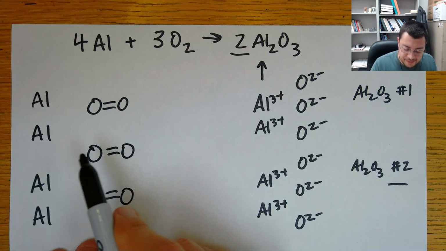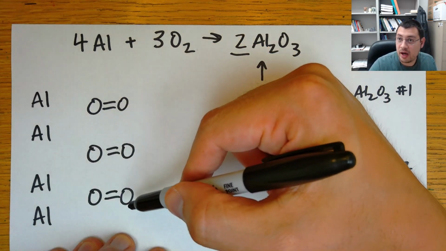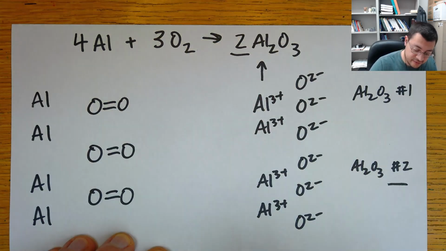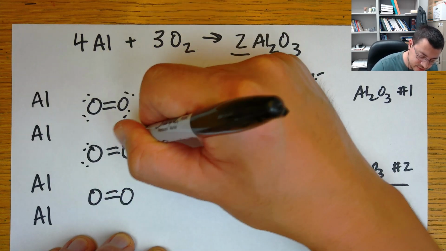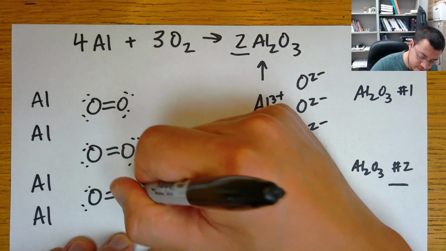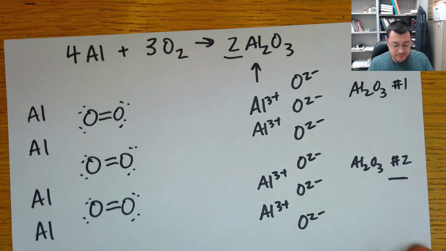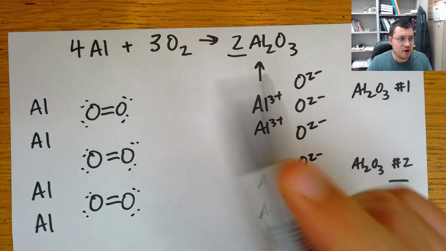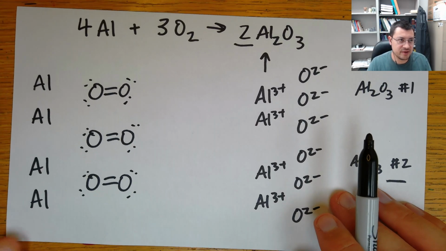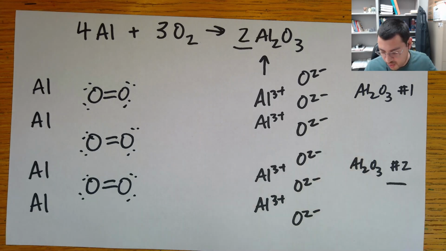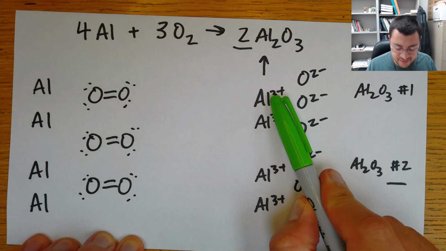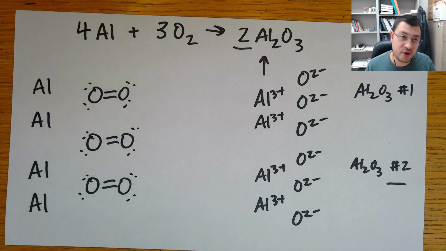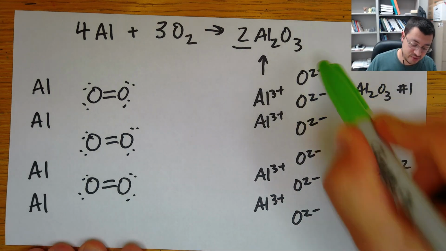Now, if you've studied Lewis structures so far, I know my students have, we would know that oxygen makes these diatomic molecules and that they have double bonds. But the double bonds, these lone pairs, they're not overly important for what we're trying to demonstrate today. All right, what I want us to do is track the flow of electrons. The only way aluminum will become a 3+ is if it gave away 3 electrons. And the only way oxygen becomes a 2- is to accept 2 electrons.